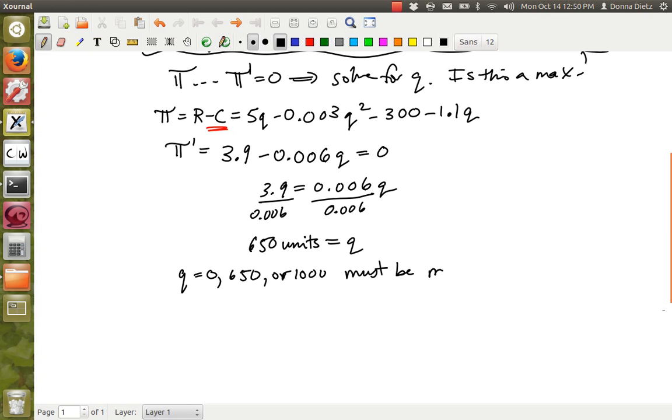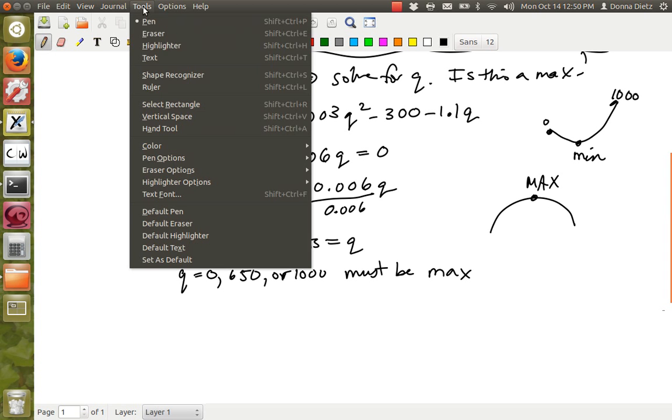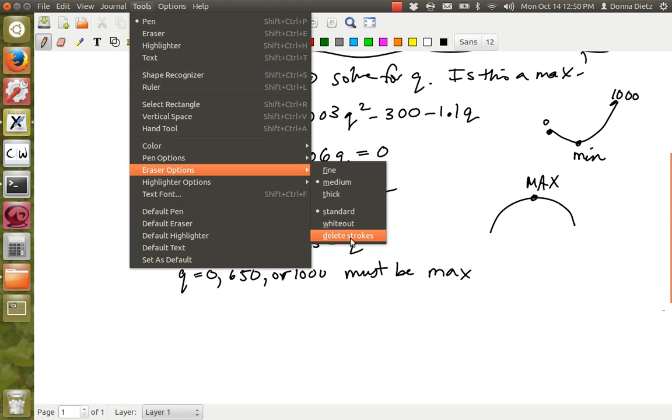Because we found the vertex of this parabola, but if this is the vertex, it's a max. But if instead we have this kind of parabola, it would be a min, and in that case, either Q equals 0 or Q equals 1,000 would have to be the max. Okay, so we don't really know which situation we have.